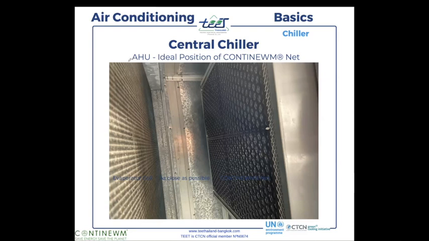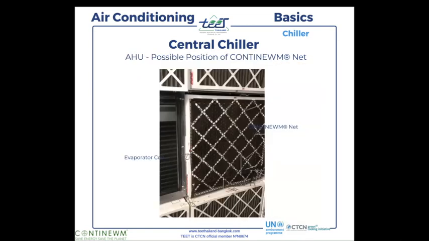And you can see here, this is the evaporator coil where you have the water from the chiller, and here we have the Continuum net at the back of the filter. The rule is as close as possible to the coil, okay? That's what I explained before.